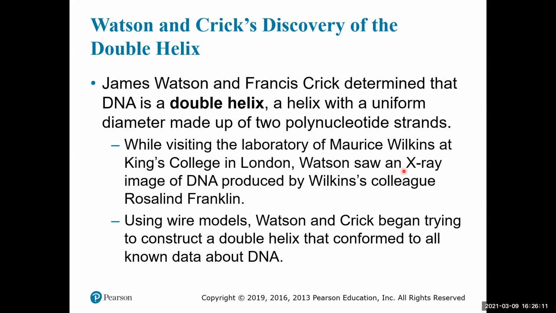And so he saw an X-ray image of this DNA that was generated by Franklin, and then going on later and using that previous information based off of that X-ray image, him and Crick used wire models to look at constructing that double helix structure to basically go off of the data that Rosalind had, to basically confirm that data and what's known about the DNA.